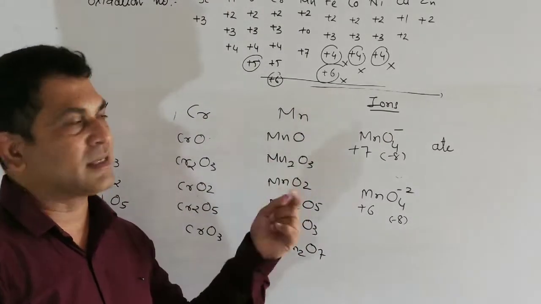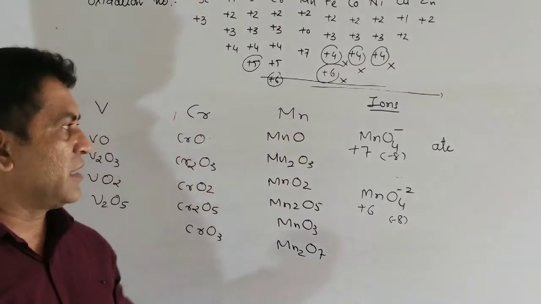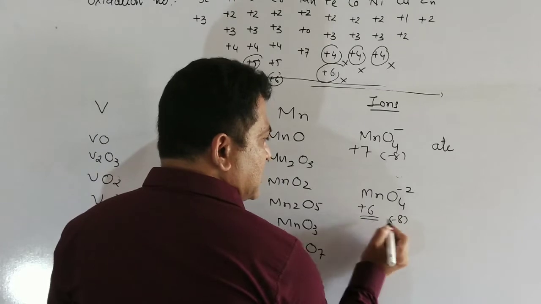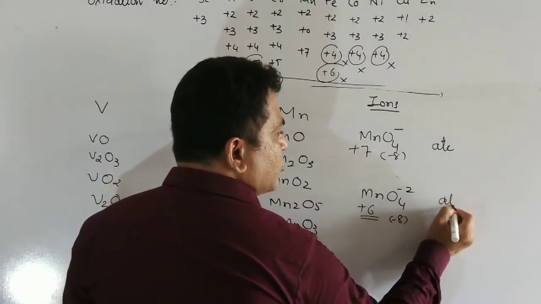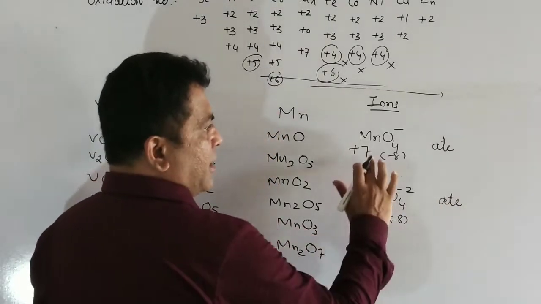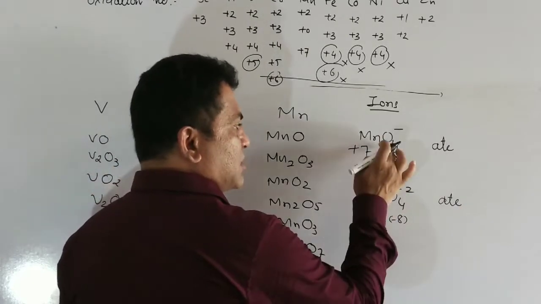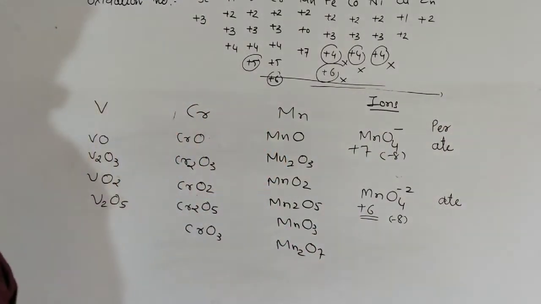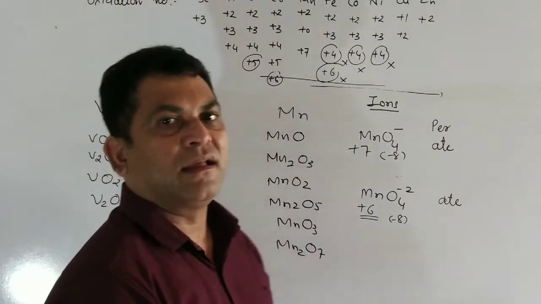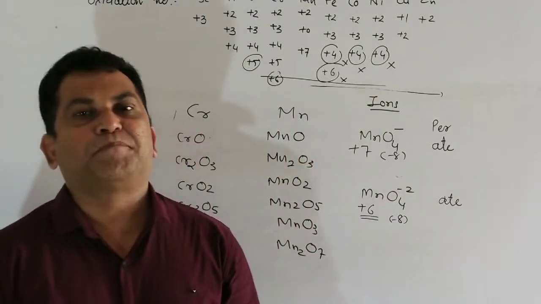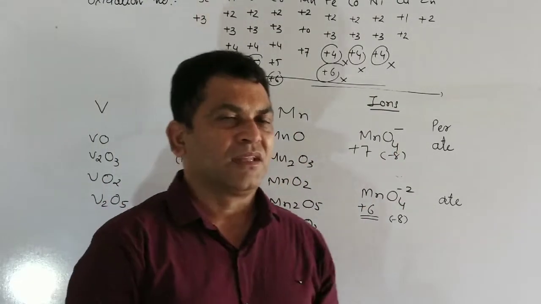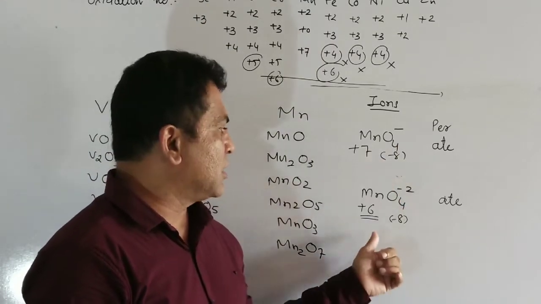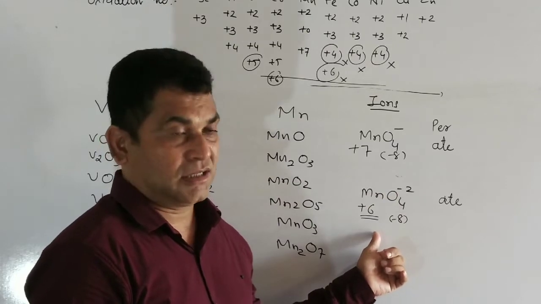Plus 7 also comes, but plus 7 is found in only one, so that is known as extra. So here the highest oxidation state is 6, and here there is one oxygen more than the highest oxidation state. That's why per is used. When there is one more than the highest oxidation state, we add per, and that's why the name of this is permanganate, and the name of this is manganate.